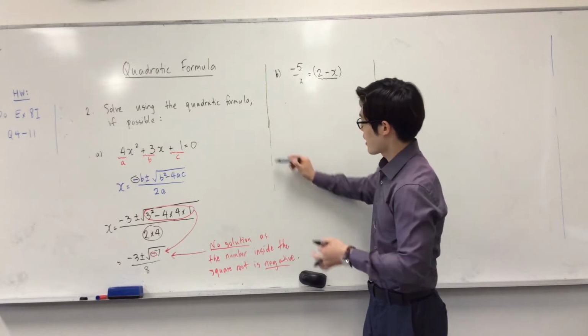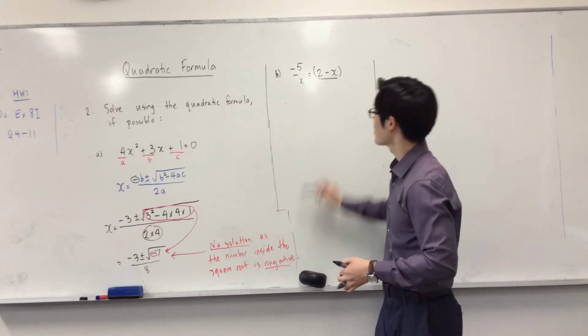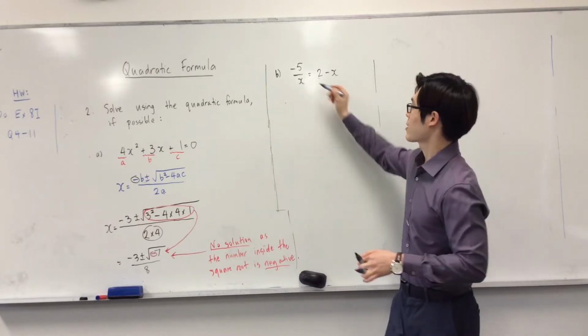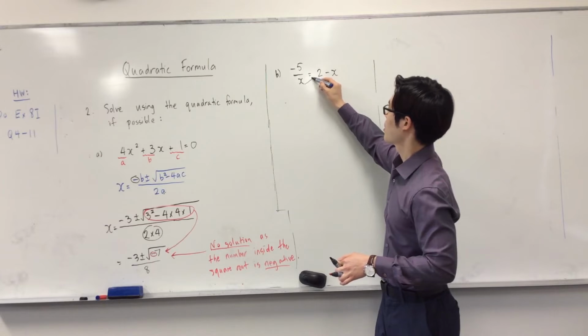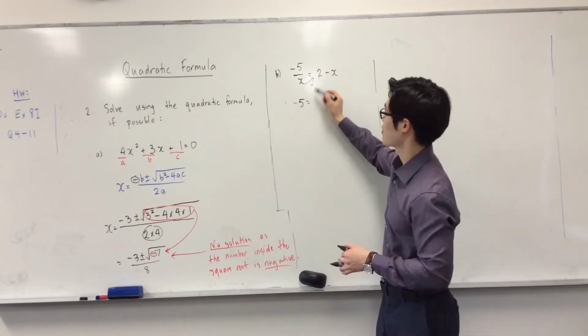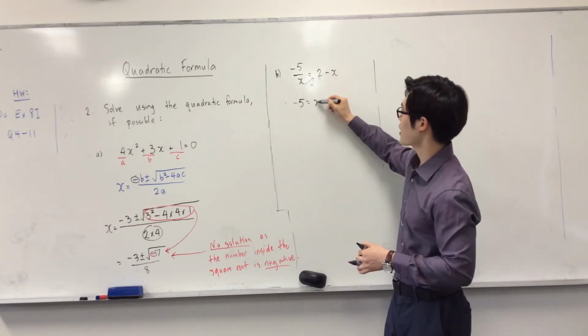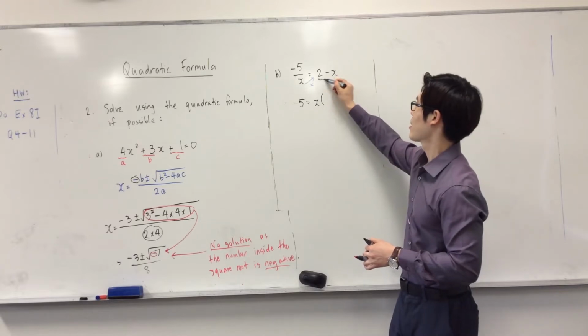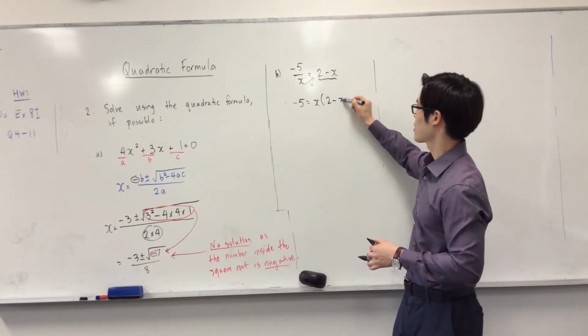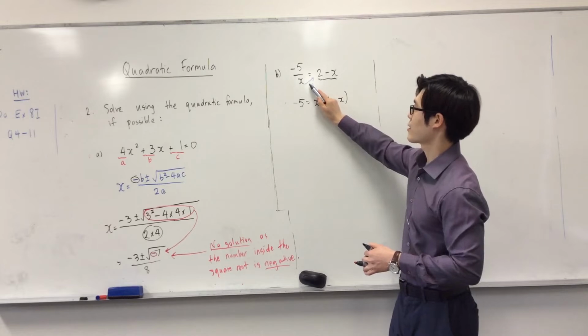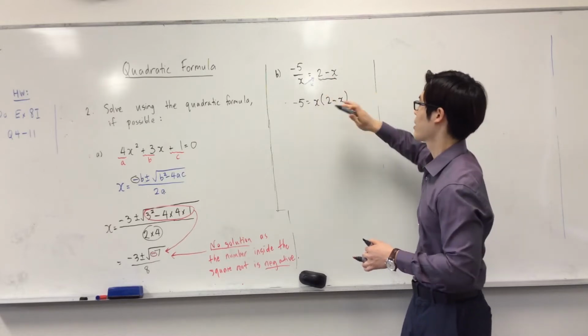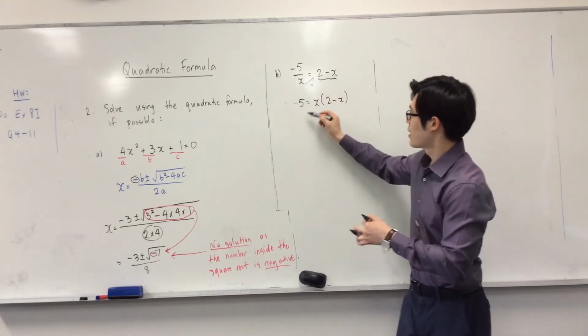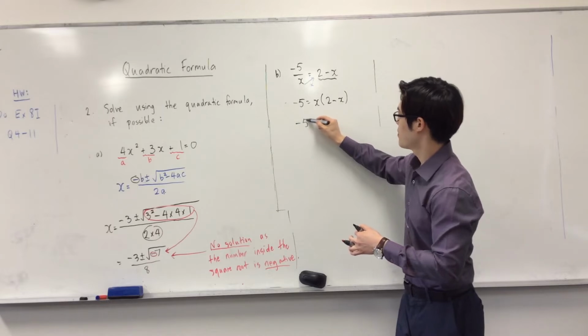Now, let's have a look at the next example here. Now, when you have x in the denominator of the fraction, you want to multiply it across. If I multiply this across, this becomes x bracket that. Okay? So you don't just do x times 2, you got to multiply the whole thing by putting in a bracket first. Let's just expand the bracket now.